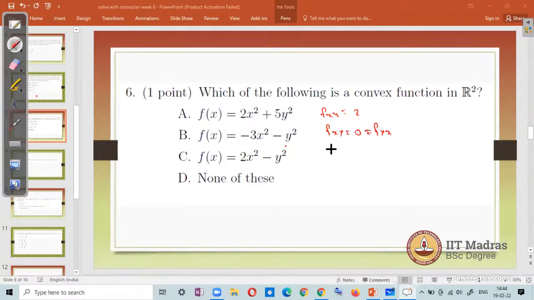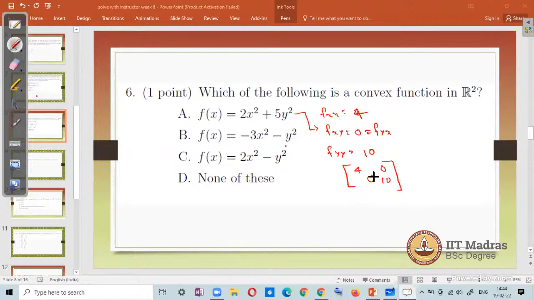Then fyy will be 10. So these are the values we got for option A, and our Hessian matrix will be of this shape: 4 10 0 0.